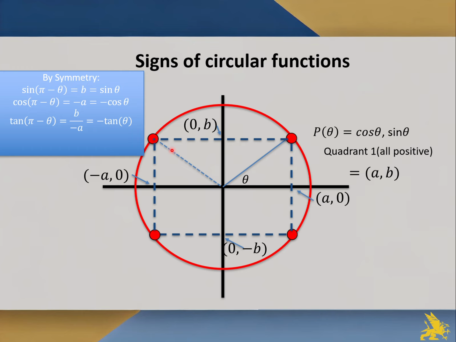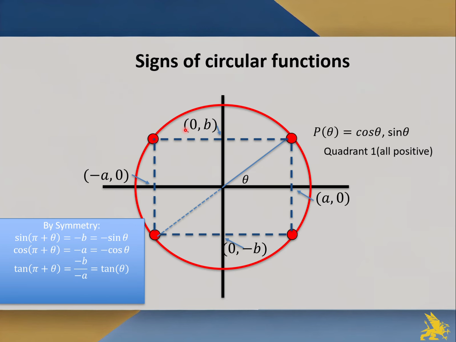We know everything else is negative, which is the reason why cosine of pi take away theta is going to be equal to negative cosine theta. So these are just rules of symmetry that we've already learned. We know tan of pi take away theta is going to be negative tangent because our angle over in quadrant two is negative for tangent.